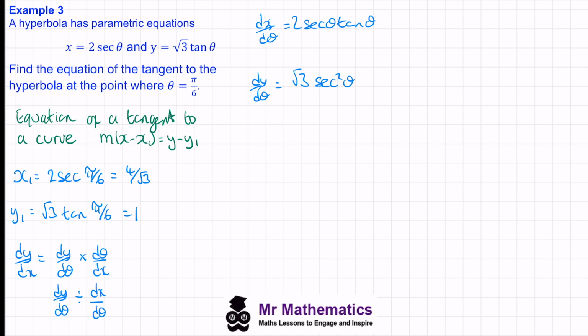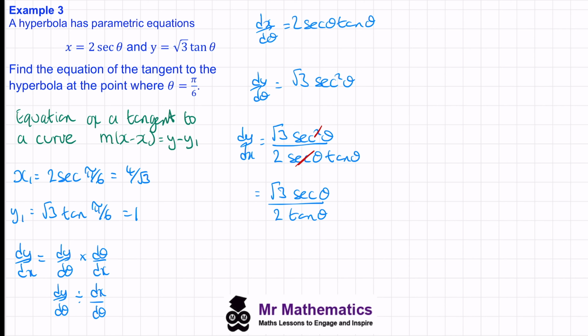So now, dy by dx will be dy by d theta, so root 3 sec squared theta, over 2 sec theta tan theta. And we can see this squared will cancel with this one. So we have root 3 sec theta over 2 tan theta.